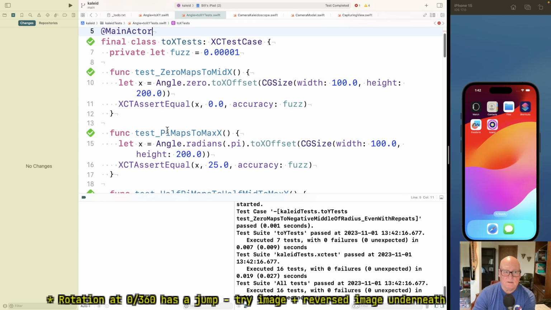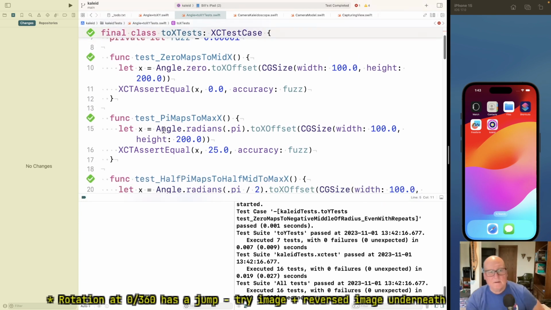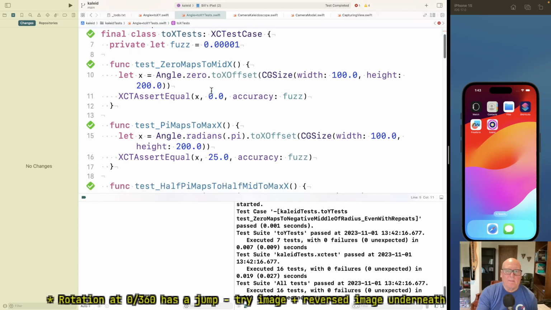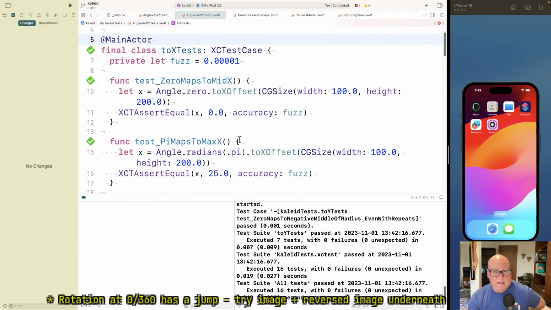Okay. 0 maps to mid X. Now, 0 should map to 0, and then pi should map to 1, or maximum.